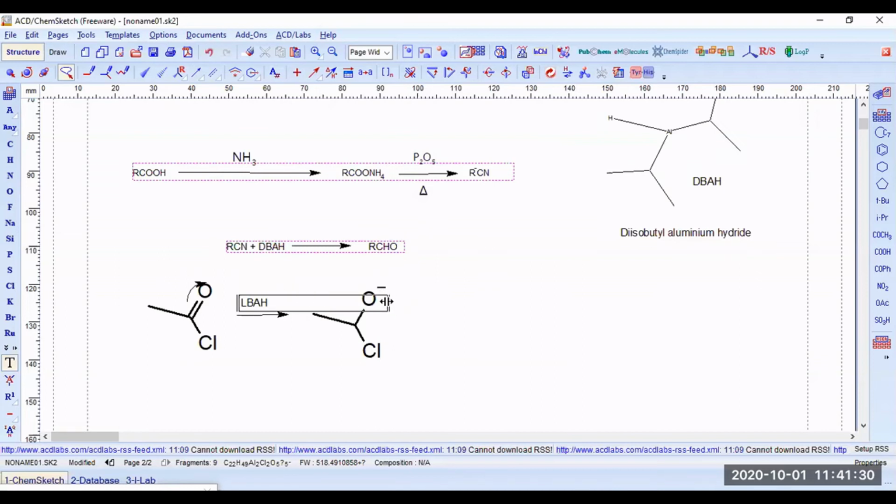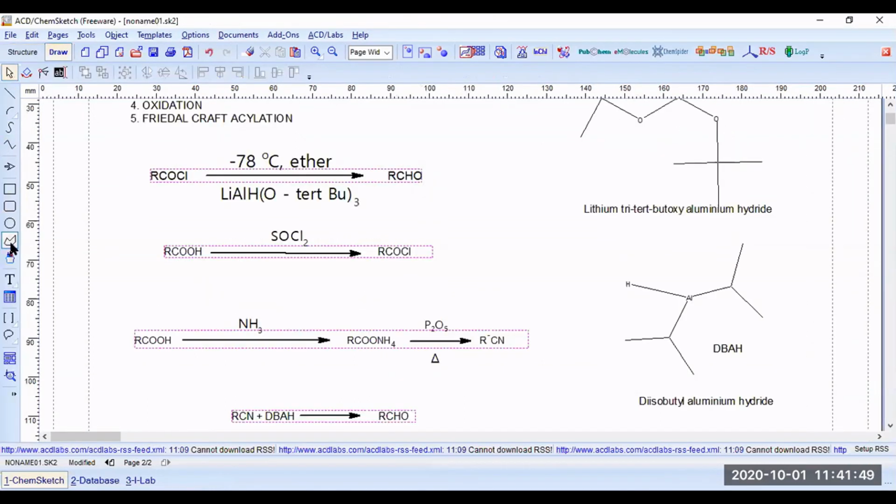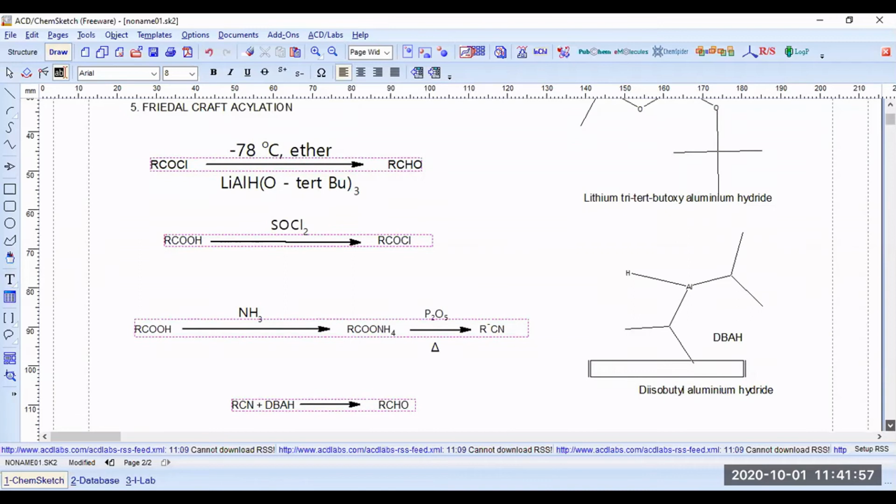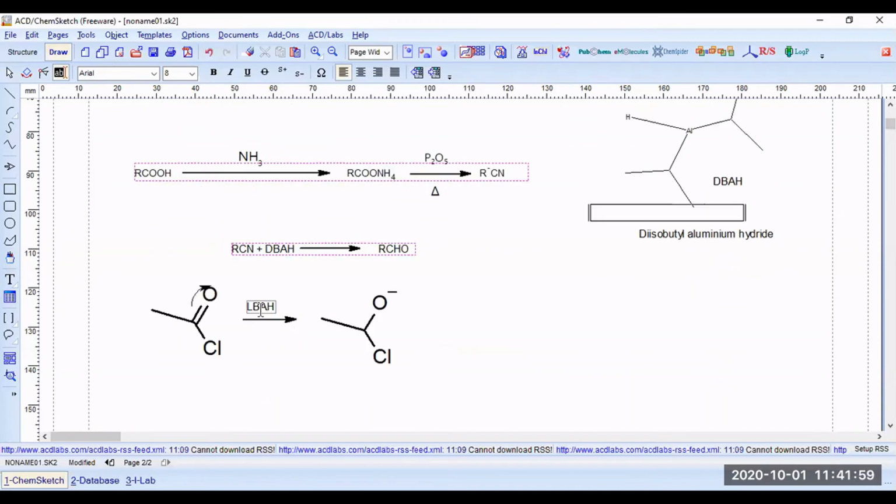Hydride ion transfer will happen. To where? To this carbon. This LBAH will transfer the H minus, that is hydride ion transfer. This hydride ion transfer is a very, very important step here.